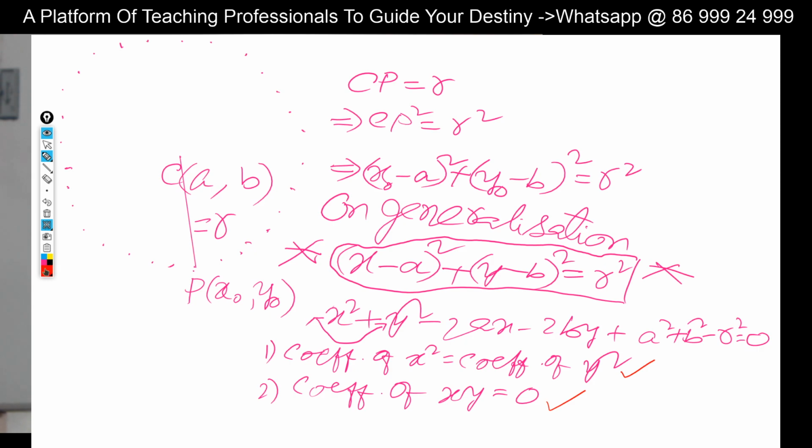So, one more very important thing is that this is said to be a second degree non-homogeneous equation.